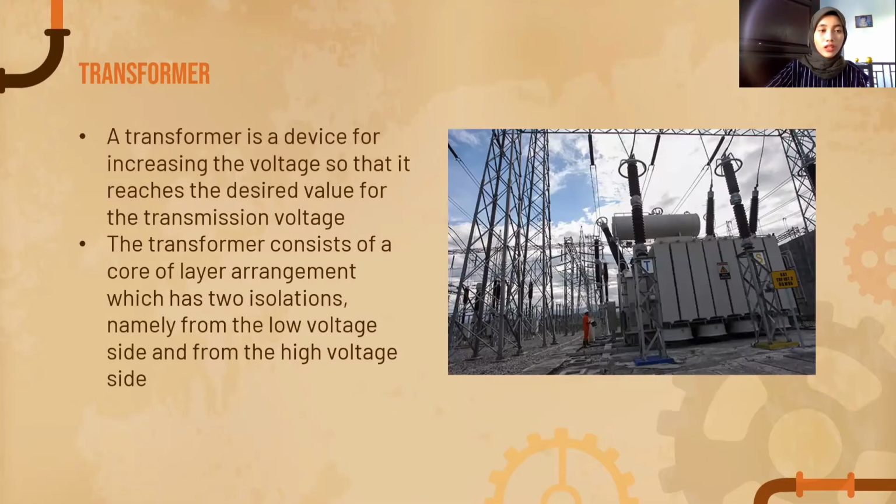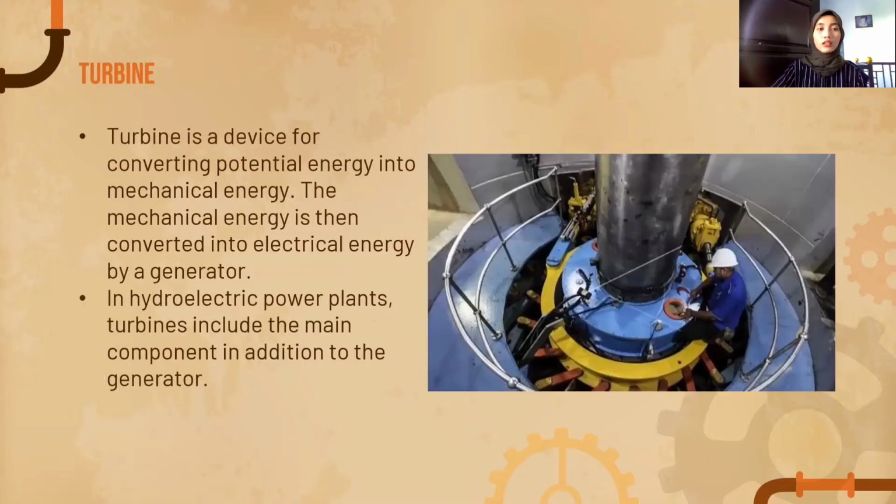Transformer is a device for increasing the voltage so that it reaches the desired value for the transmission voltage. The transformer consists of a core of layer arrangement which has two isolations, namely from the low voltage side and from the high voltage side.